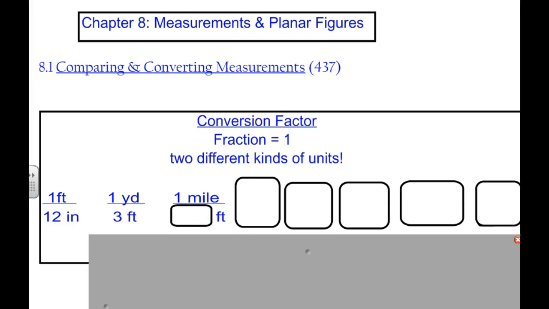Finish this factor, if you can. 1 mile is how many feet? Thumbs up if you know this one. 3, 2, and 1. 5,280. Good. 5280.